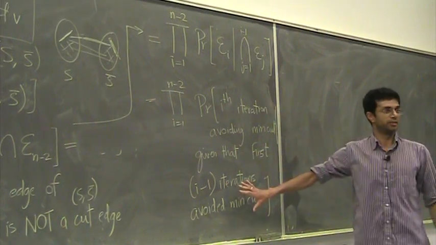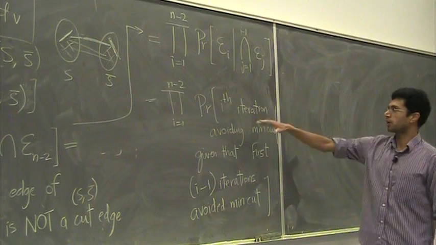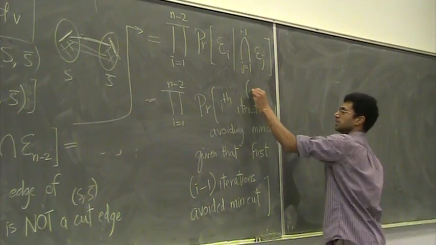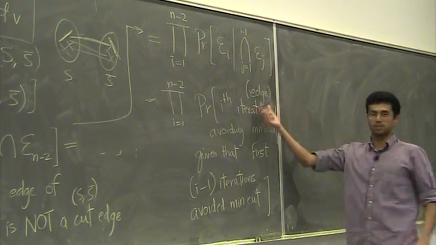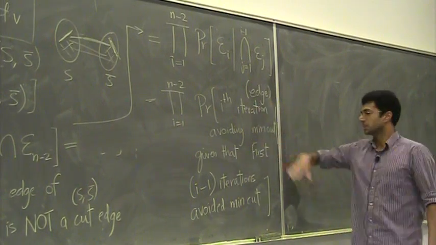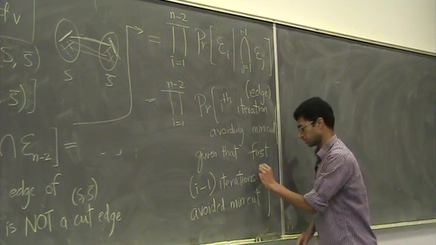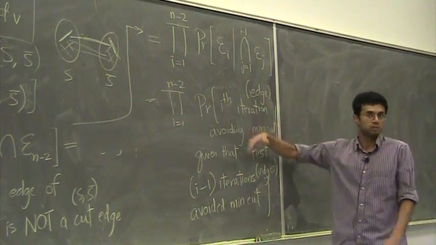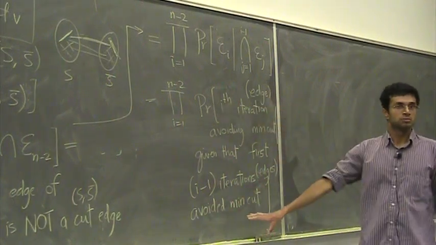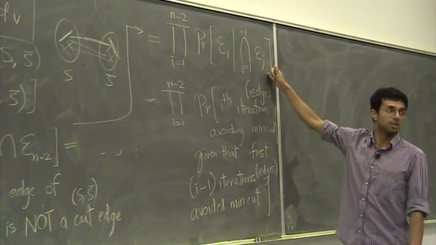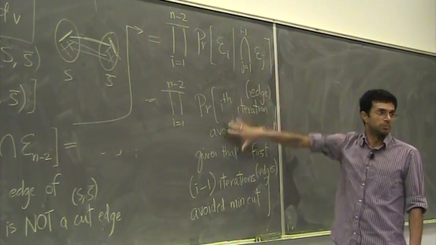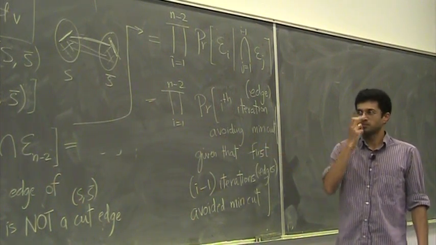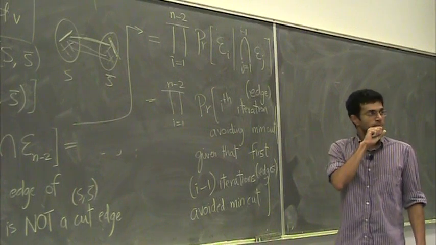So it's saying: what is the probability that the ith edge that is picked has avoided the mincut, given that the first i minus 1 edges picked have avoided the mincut? That's what this thing in Greek really means. Okay?